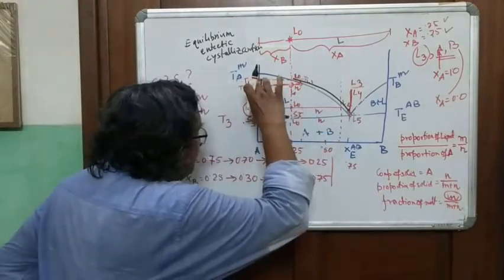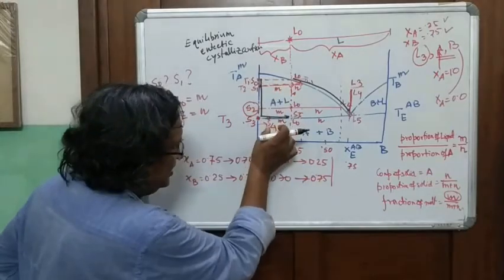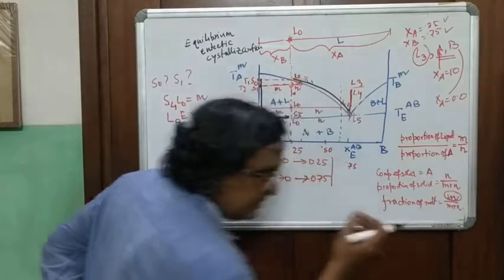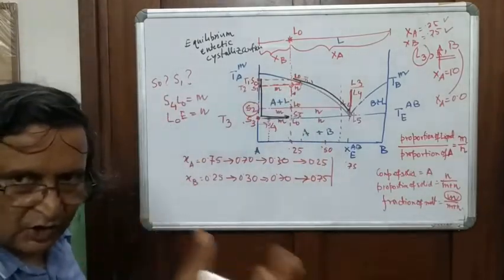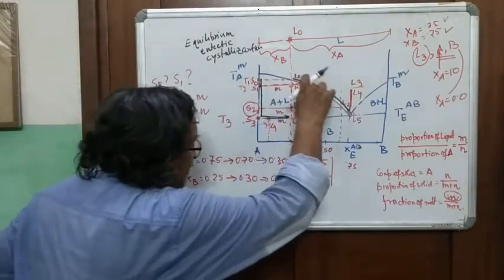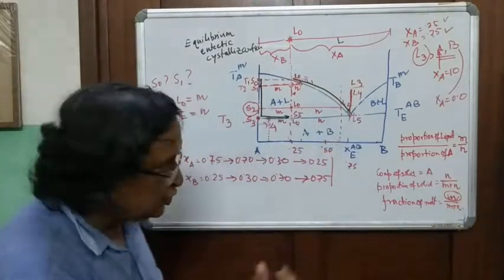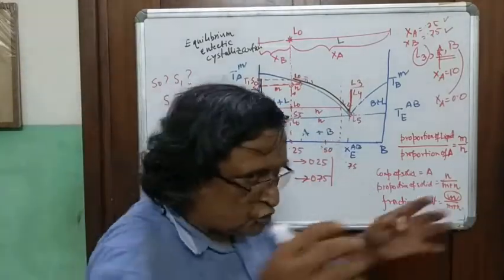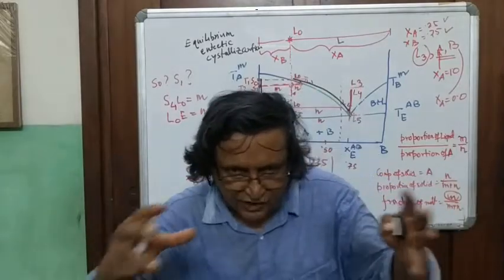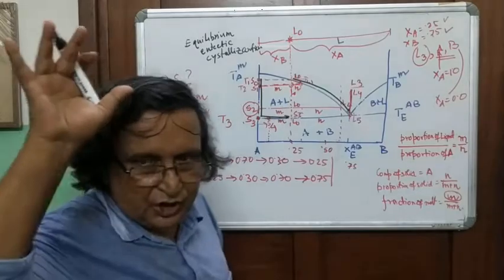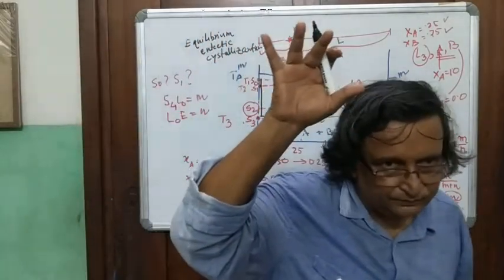Only the proportion of the solid, that means N divided by M plus N, increased. Proportion of the solid increased. At the same time over this interval, the proportion of the liquid decreased. So that the total composition of the solid and liquid is the same as the initial composition of the system, which is L0.